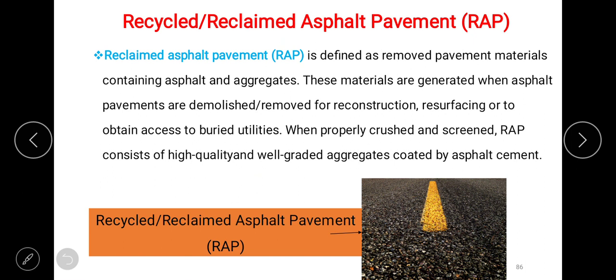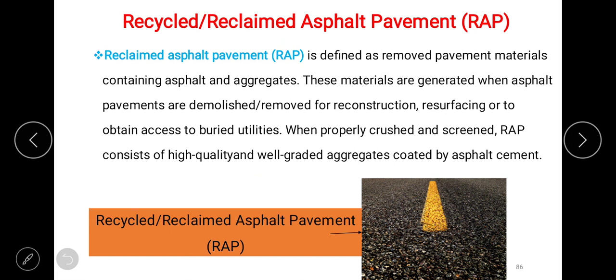RAP means, you might have observed bituminous concrete pavements or bituminous carpet pavements or cement concrete pavement, that is rigid pavement. Whenever they reach failure, or if it is beyond the capacity of maintenance, we have to remove the whole pavement section and it should be replaced.